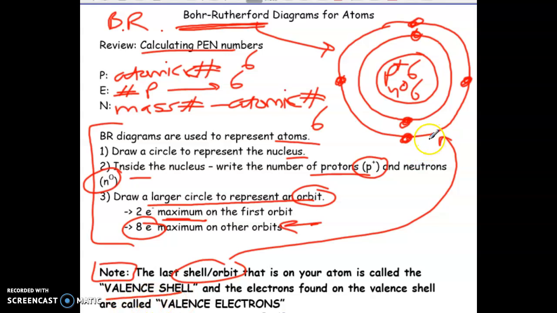For carbon specifically, the second energy level that we drew was our valence shell. The electrons on that valence shell are called our valence electrons. So carbon, for example, has 4 valence electrons, because on the last shell that we drew, there's 1, 2, 3, 4.